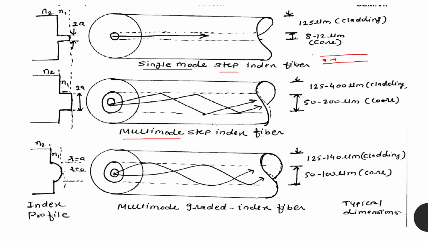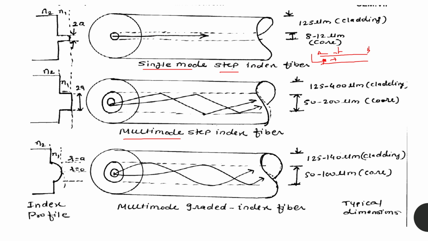Consider the car as a laser signal and the lane as a path which is used by the car to travel from point A to point B. In single mode step index fiber, mode means the path which is used by the light signal to travel in the optic fiber cable.